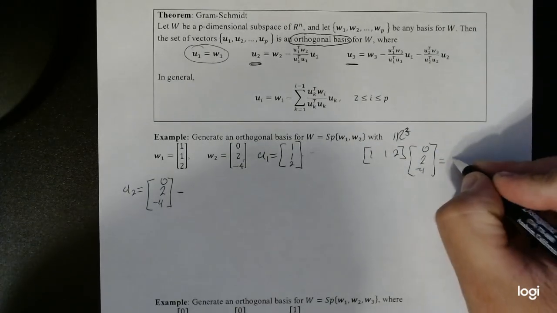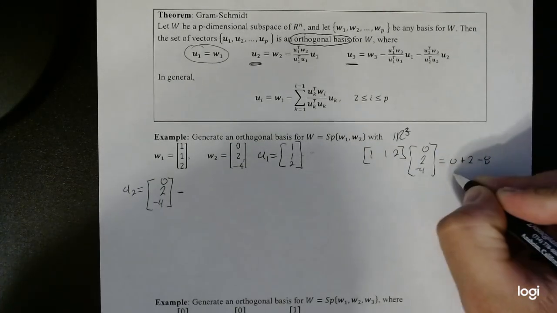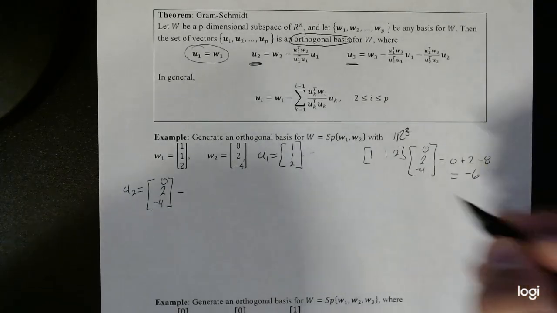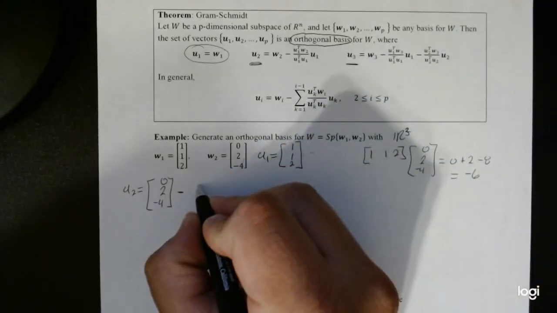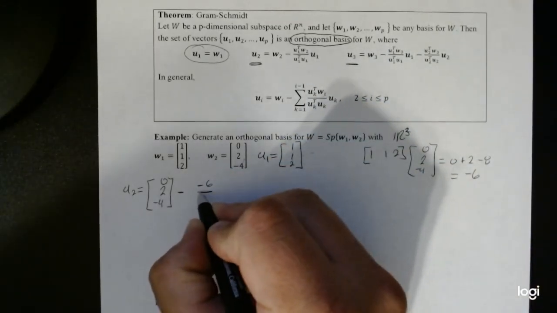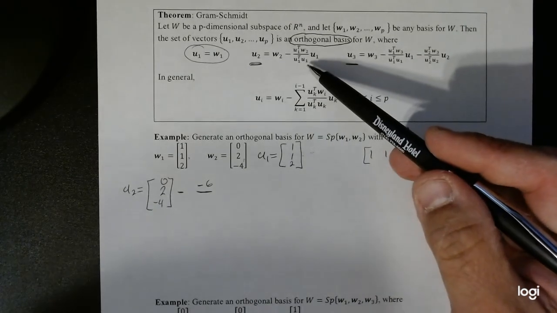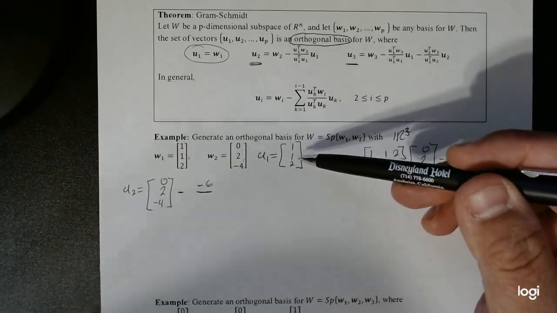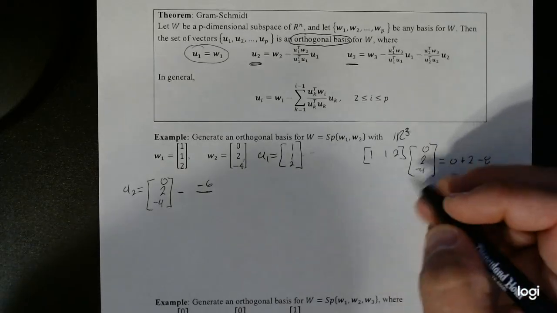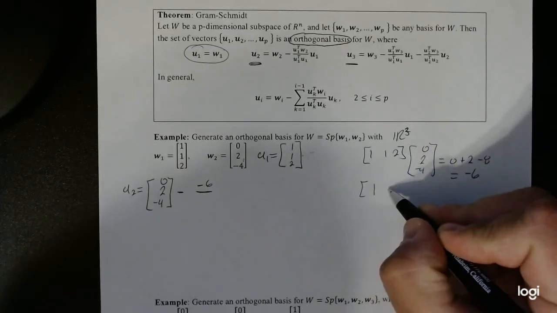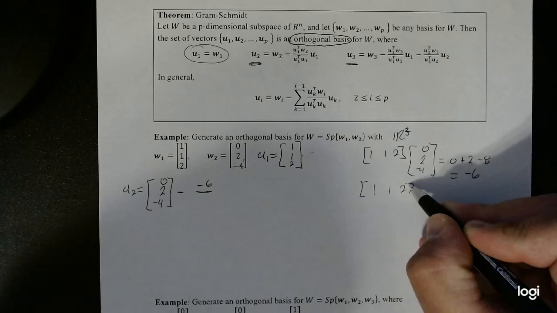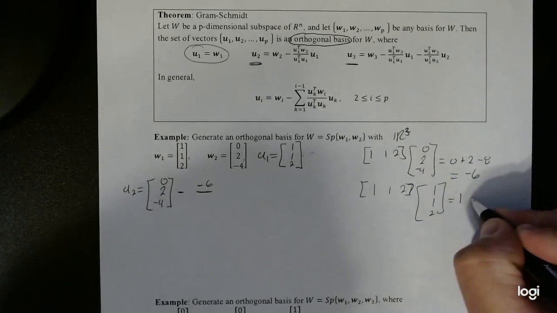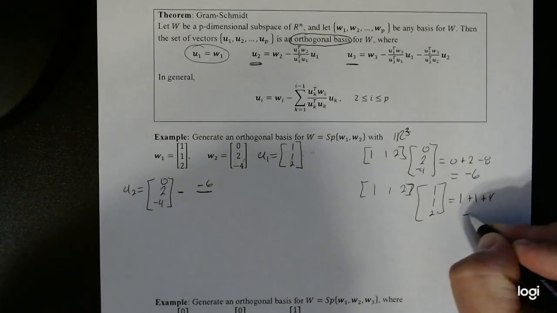So it gives you 0 plus 2 minus 8, which is negative 6. So this fraction is going to look like negative 6 over something. Now I use U transpose, the dot product of this vector with itself: 1 plus 1 plus 4 gives you 6.